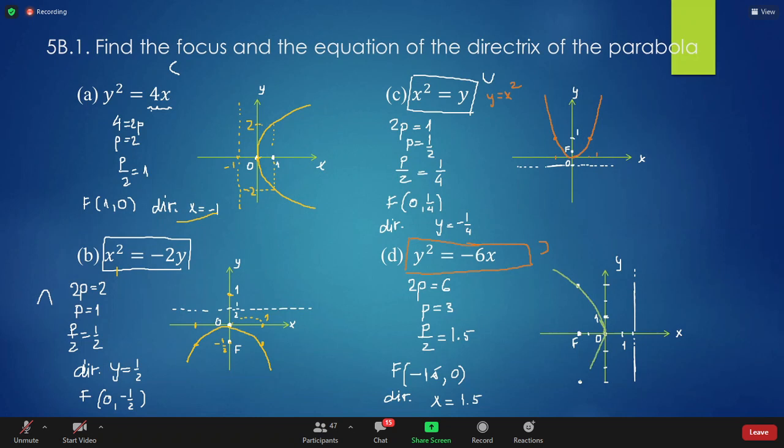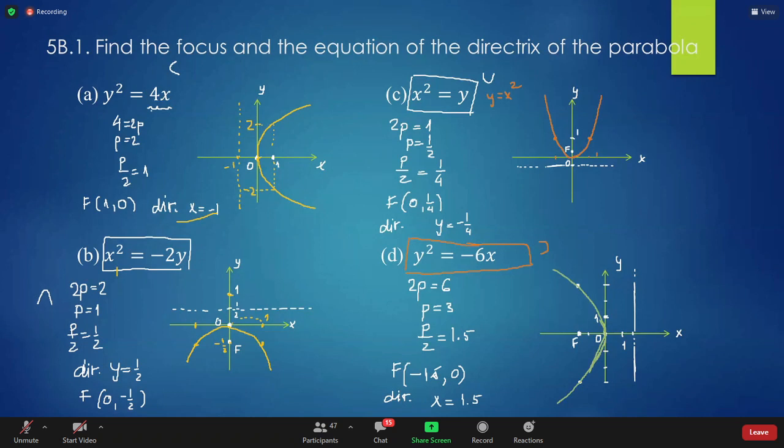Evidently I should have graphed this a little bit more smoothly like this, but that's how we go about graphing a parabola if we have the canonical equation or any of the other three variations of the equation.